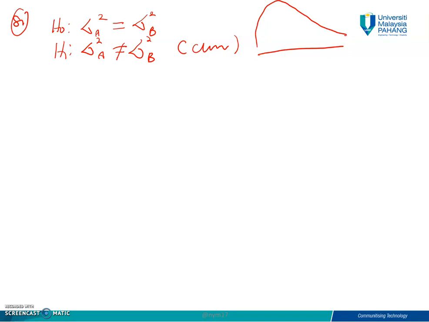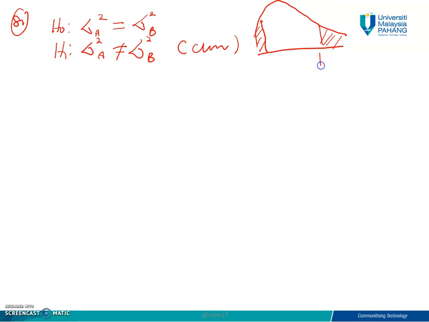Since when you deal with two population variances, you will have the F table, isn't it? F test. So this is the distribution of F, skewed to the right, not symmetric. It will have a left side and a right side.